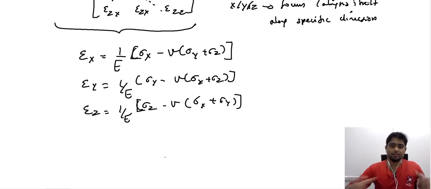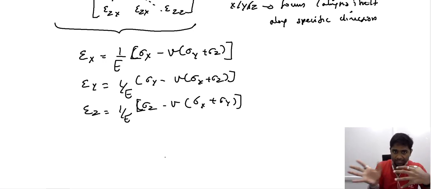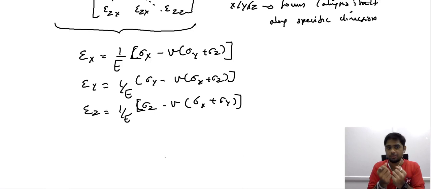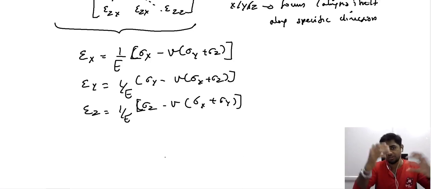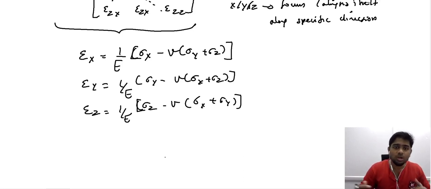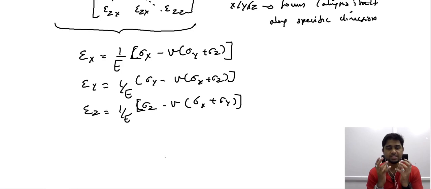Now, even though we have been able to describe the strain along each of these directions, the resultant strain along a specific direction, still we are focusing on the individual direction of x, y and z. Another way we can describe the response offered by the material is by considering the system as a whole, the sample as a whole.